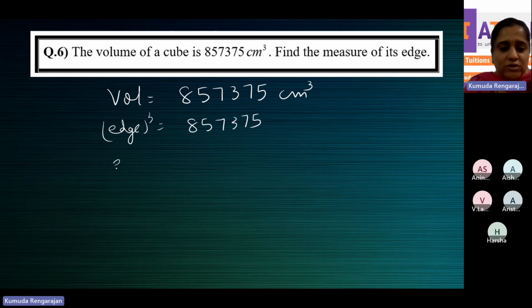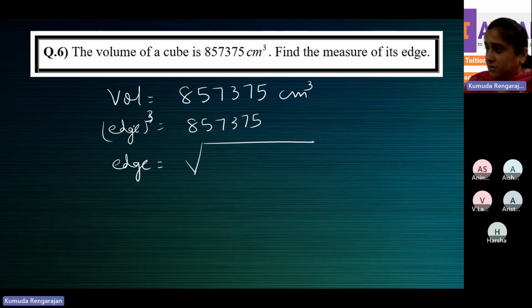So edge will be equal to the cube root of this number. When this cube goes to the other side, it becomes the cube root, like when you transpose plus to the other side, it becomes minus, correct? So like that, edge cubed is this number, so the edge will be the cube root of the given number.